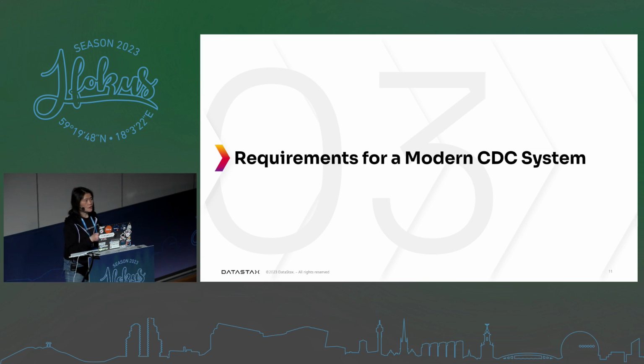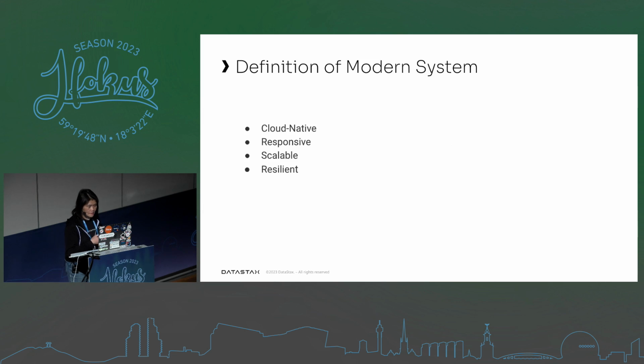So let's take a look into this modern CDC-like requirement. But let's also understand what modern means. It's kind of open. But in today's world, when everything is in the cloud, we're talking about cloud-native systems. And I think there's also a challenge when you get to a CDC system: the fact that it is a distributed system.